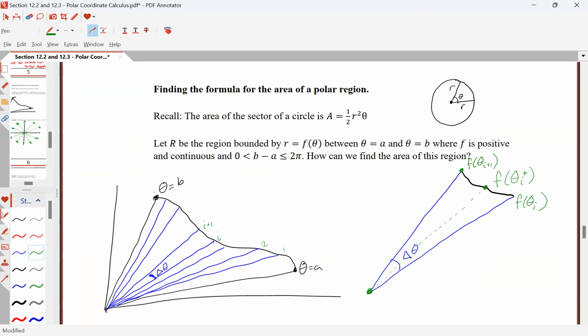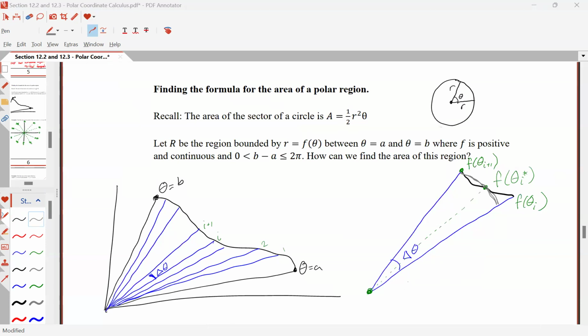Well, if I took this random f of theta i star that is somewhere in my interval between theta i and theta i plus 1, and I said I want to find the area of the circle here, that area of the circle will be a very good approximation for the area between theta i and theta i plus 1.